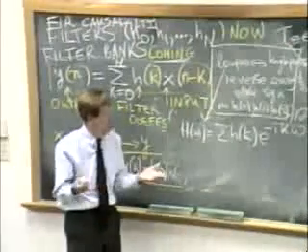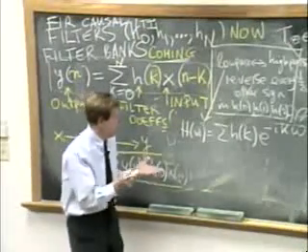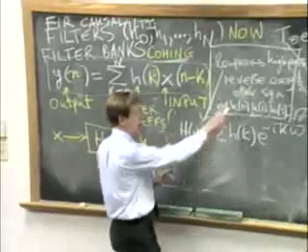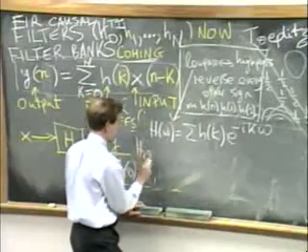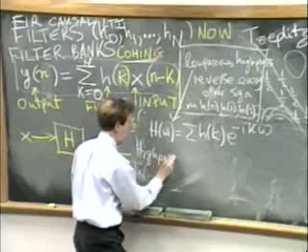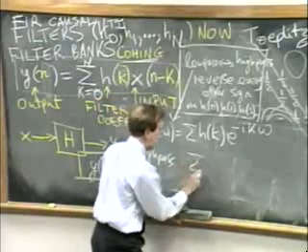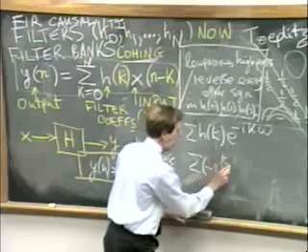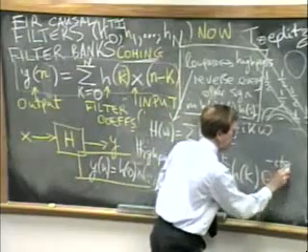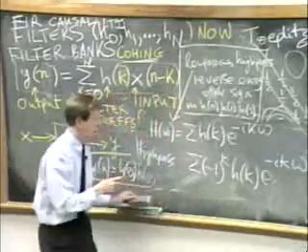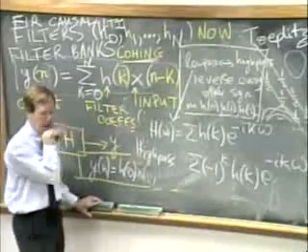So two ways to look at it. I claim that if I do a -1 to the k, h of k, e to the minus i k omega, then I've got a high pass now. But I don't see why from that. Do you?